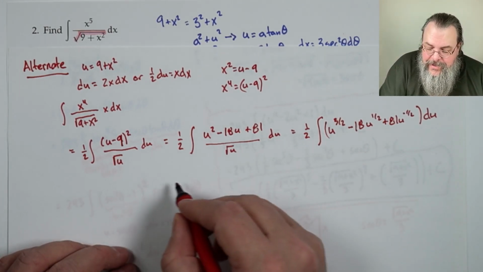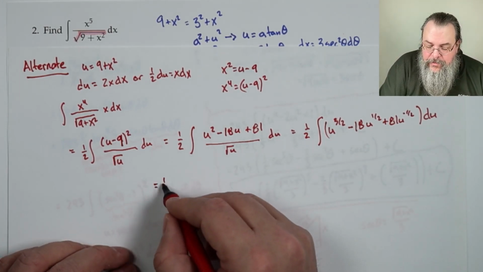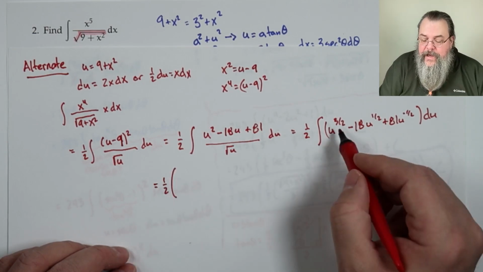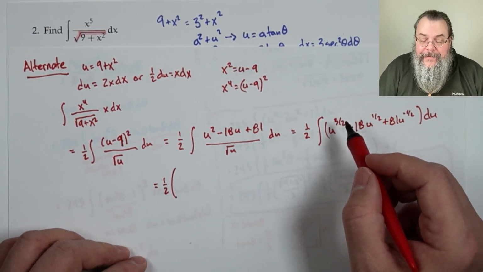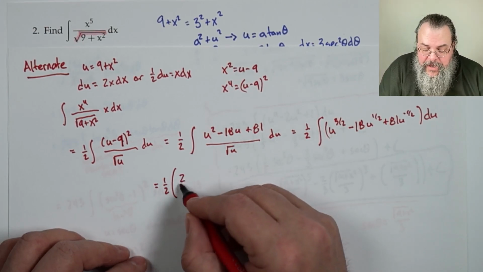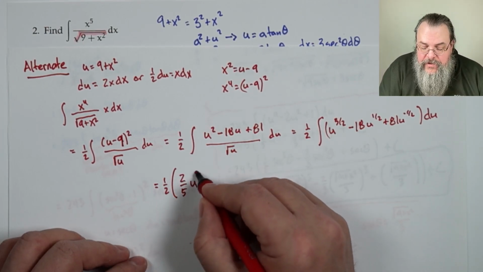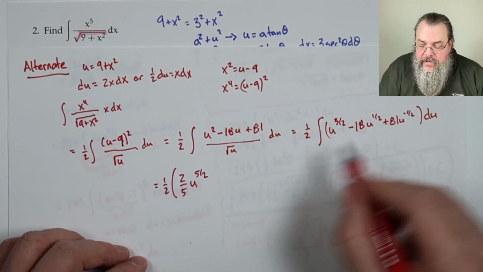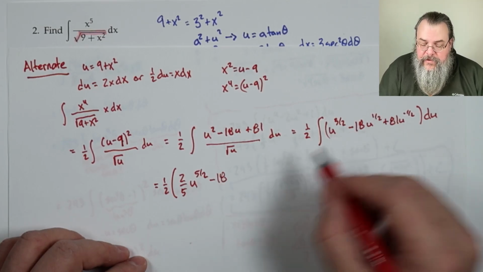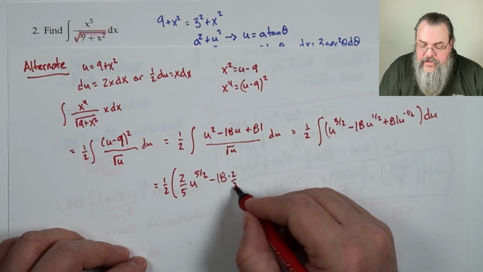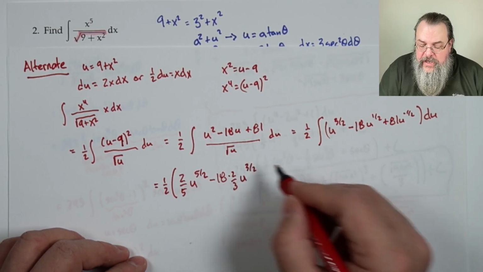So we say, oh, okay, well, this becomes 1/2 times, add 1 to the power. So 3/2 plus 1 is 5/2. And then multiply by the reciprocal, 2/5, u to the 5/2. Here, adding 1 gets us 3/2, multiply by the reciprocal, 2/3, u to the 3/2.